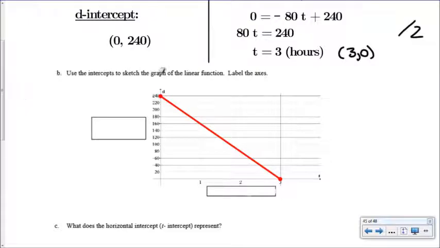Next up, the graph. So use the intercepts to sketch the graph. We have (0, 240) there and (3, 0) there. Connect the dots. You should have distance here. You should have time there with units as well. And one more thing you should have is probably a title.